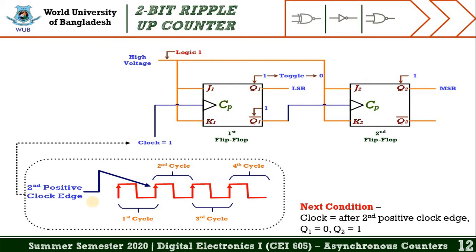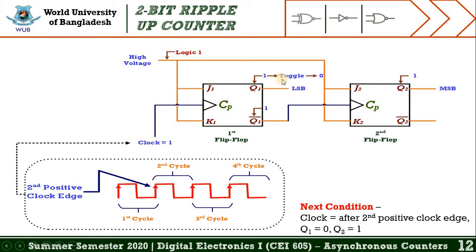This slide represents another condition. In this figure, the value of the clock is also 1. Why is this also 1? Because here the second positive clock edge is applied at the clock signal. When the value of the clock is 1, we find the first flip-flop is activated. Then the value of Q1 becomes 0. Why 0? Because the previous value of this output is 1.